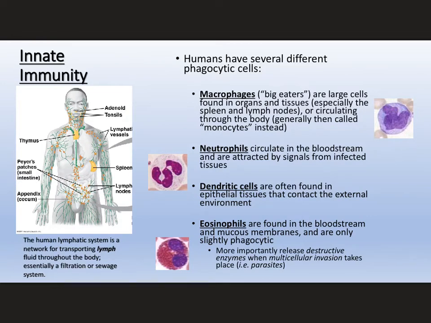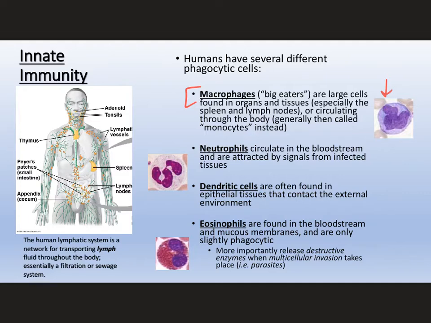So we have several different phagocytic cells that can function in our body. The first one is what I mentioned a moment ago called a macrophage, and this is probably the most likely thing you might see if this were to appear on the AP exam. Macrophages, as pictured here, are these large cells that literally means big eater if we look at the Greek roots.